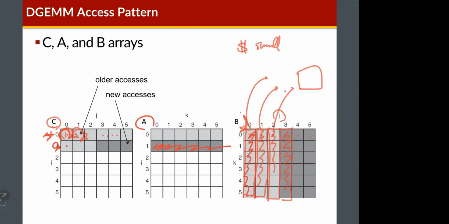Then what's the problem? Because the cache size is small, and these columns are referenced, this column can be evicted from the cache.